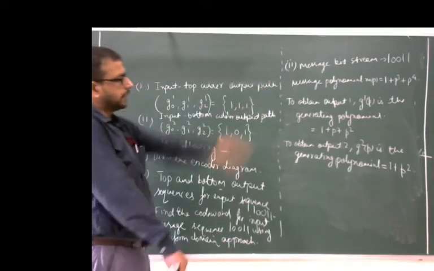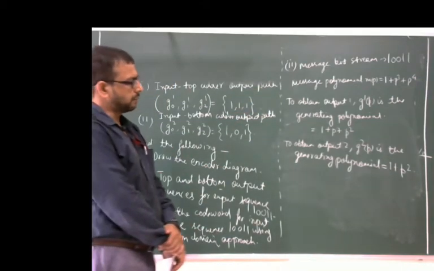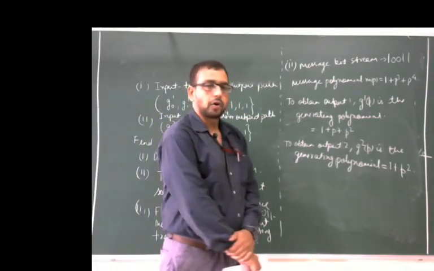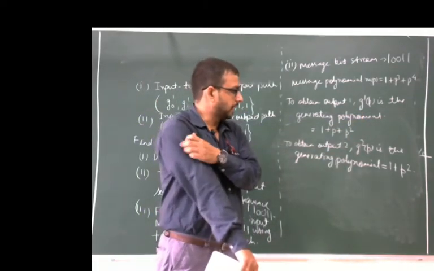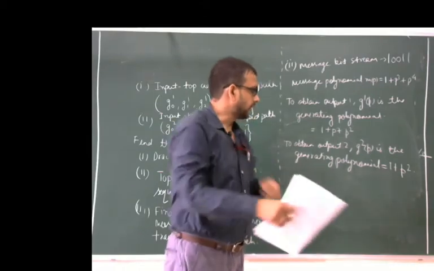So here we get all the polynomials: the message polynomial, then the generating polynomial, that is the first generating polynomial to get output 1, and this is the second polynomial to get output 2.